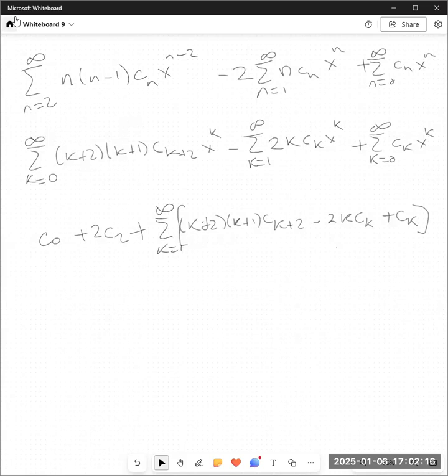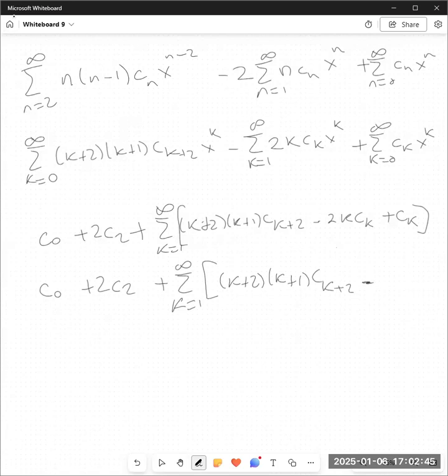I don't think I shifted anything there. Oh, right. So they factored out a c_k. So c_0 plus 2c_2 plus k equals 1 to infinity of (k plus 2)(k plus 1) c_(k plus 2).